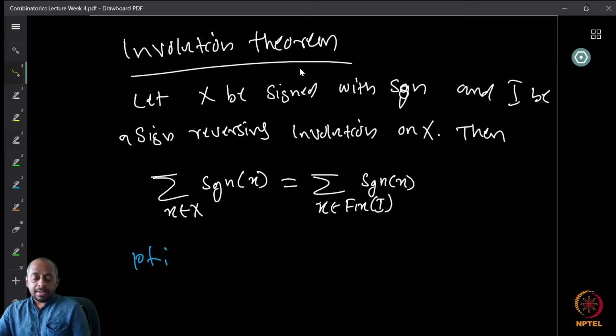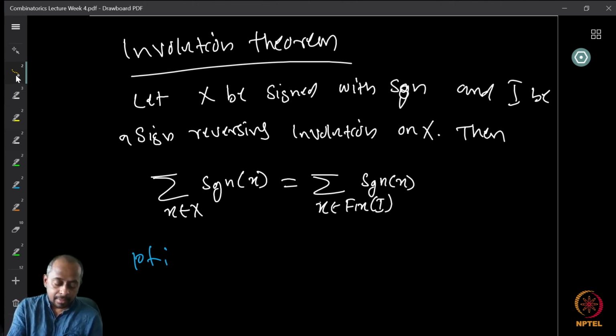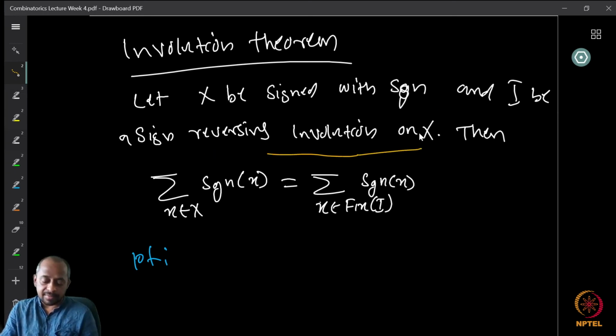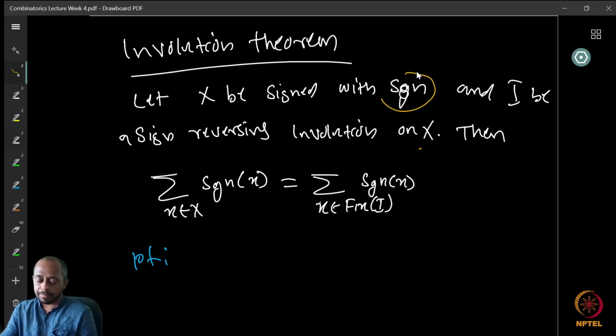And then we have the involution theorem. So what is the involution theorem? Let X be a set which is signed with a function sgn, and I be a sign reversing involution on X with respect to the function sgn.